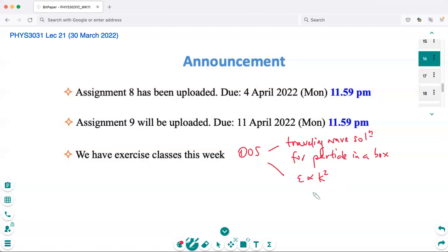Of course, I can come up with different types of dispersion. For example, what if I have linear dispersion? What happens to the density of states? This will be answered tomorrow in the exercise class, so please pay attention to these features.